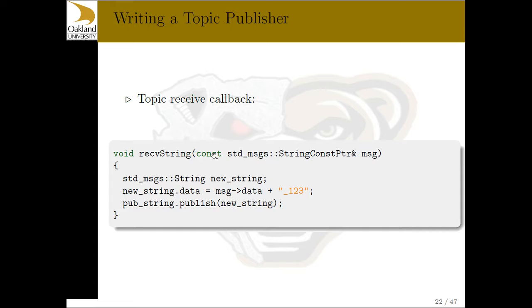So to implement what we want to do, we declare a std_msgs string. So this is a ROS message structure. We call it new_string. And then new_string.data.